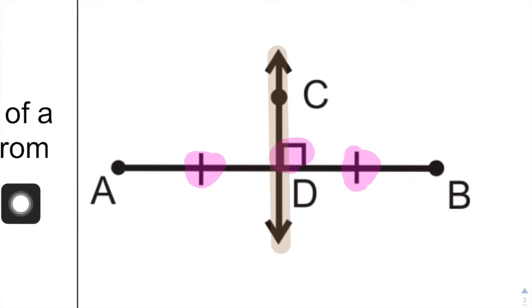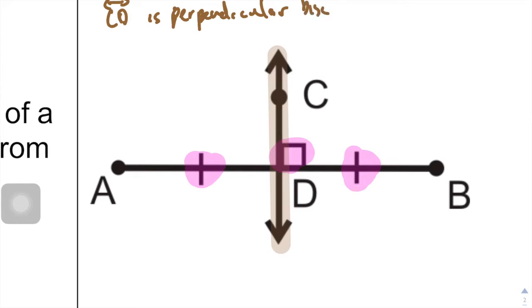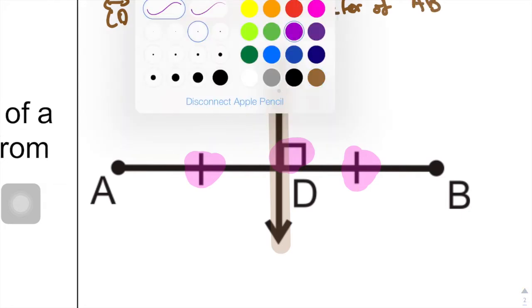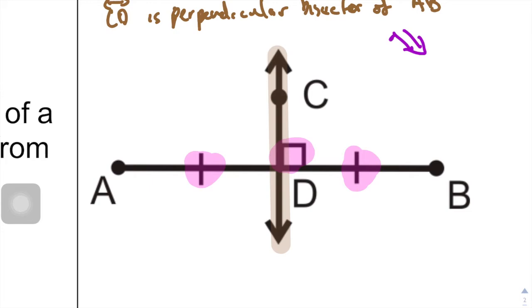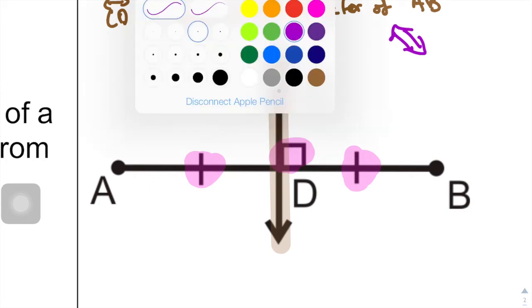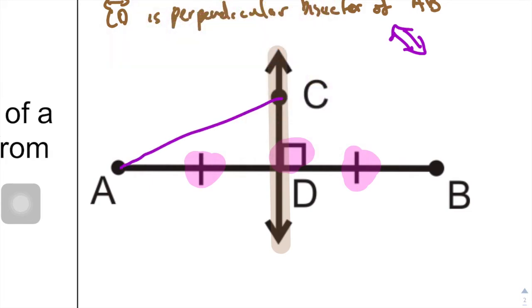So since line CD is the perpendicular bisector of AB, then CA and CB are going to be equal.